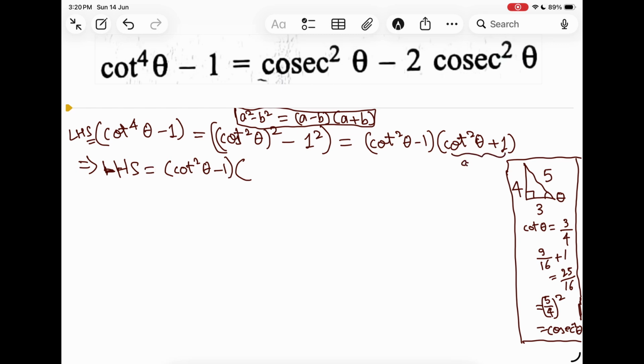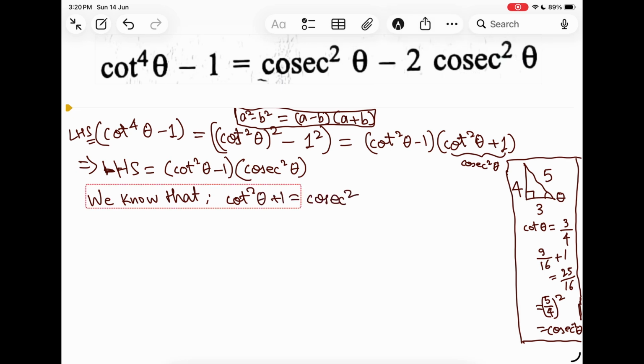What I am saying is that this term can be written as cosec square theta. All right. So putting it in our equation, now we know that cot square theta plus 1 is equal to cosec square theta, right? So that is what I am about to write. Cot square theta plus 1 equals cosec square theta.